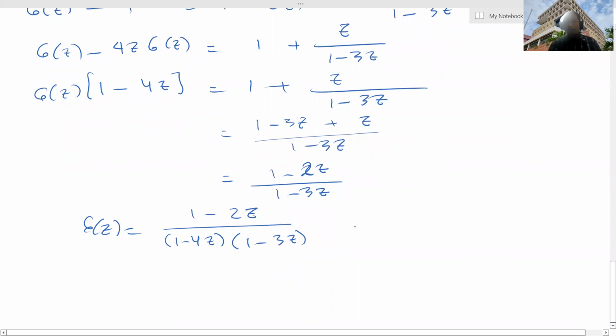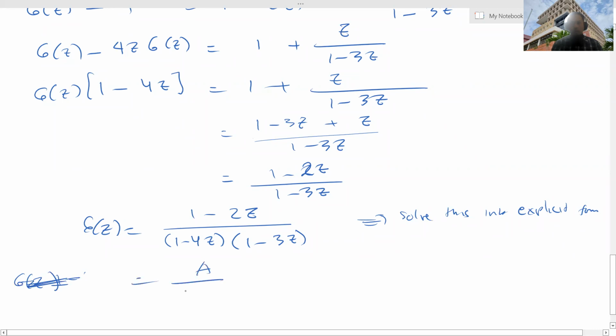Well, our next step is solve this into explicit form, right? So how do we solve this? Well, we use partial fractions. We want to write G(z) into a over 1 minus 4z plus b over 1 minus 3z.